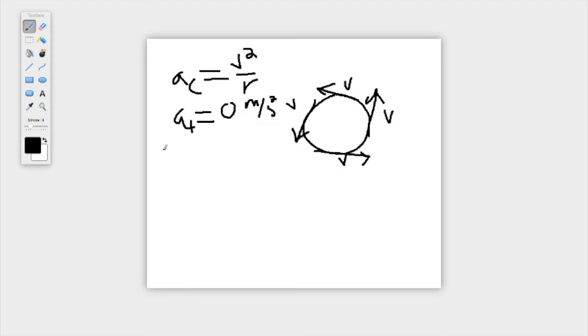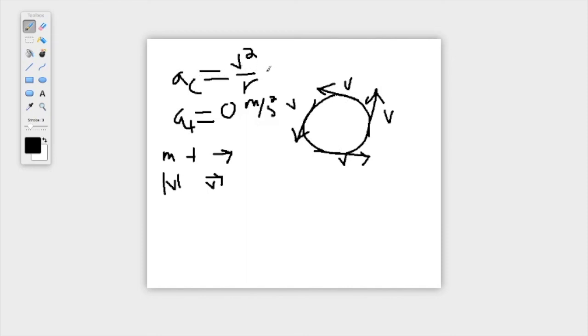So it has magnitude and direction. So even though the speed is the same, you see that the direction is changing. So we can define this as our centripetal acceleration.